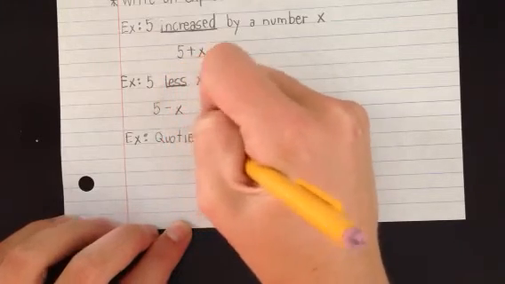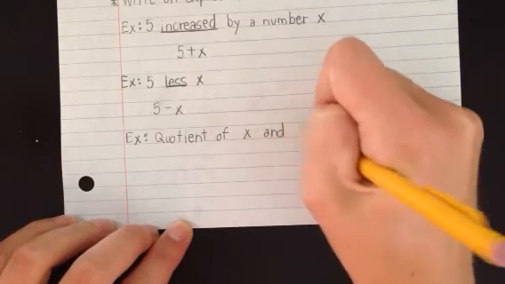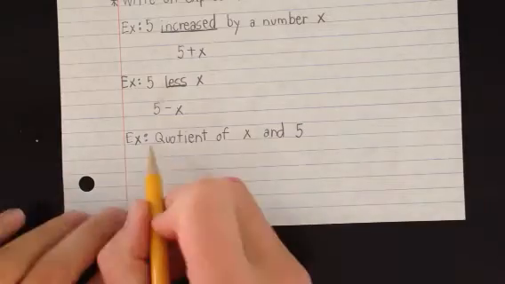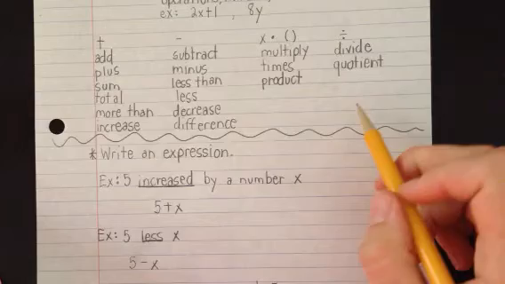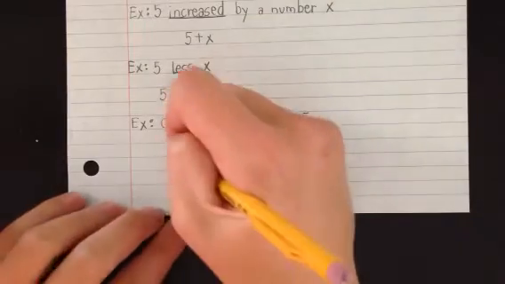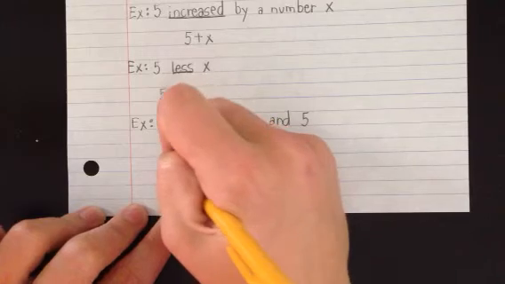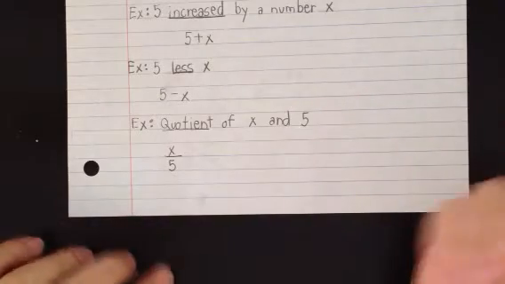Quotient of x and 5. So the keyword you want to look at is quotient. Remember, that one falls under divide. So that means we're going to use our divide symbol. In this case, the symbol we're going to use is x divided by 5. That division bar.